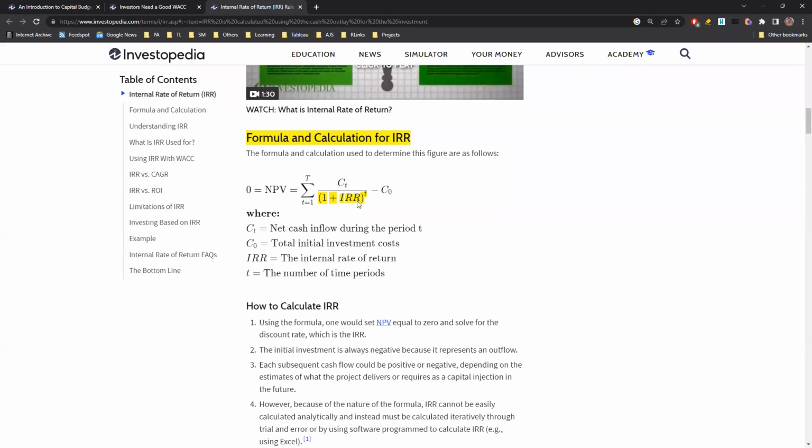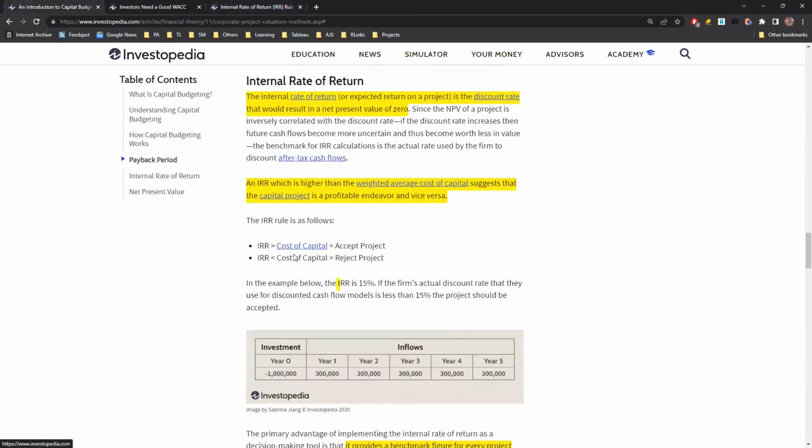And on the left hand side, the result should be 0. Basically, the investment that I make should equate with all the cash flows that I generate over the years. So the only unknown here is IRR, and we'll use this formula to calculate it. Once IRR is calculated, we'll compare that with the cost that we are incurring as a company to raise that capital.